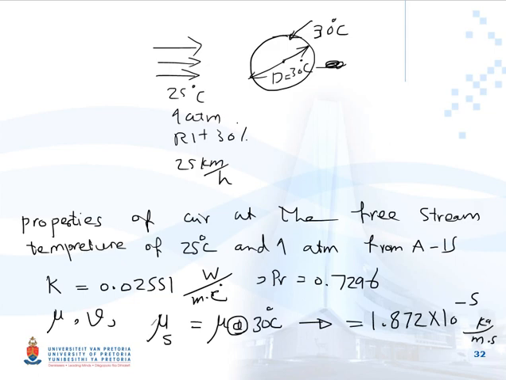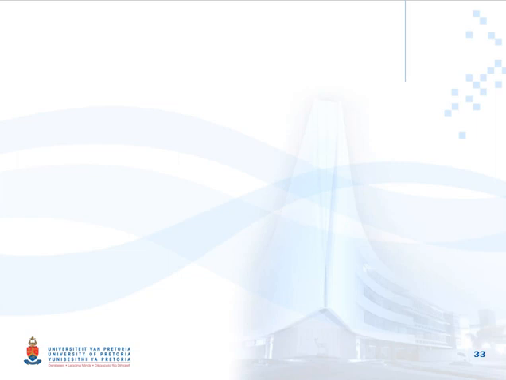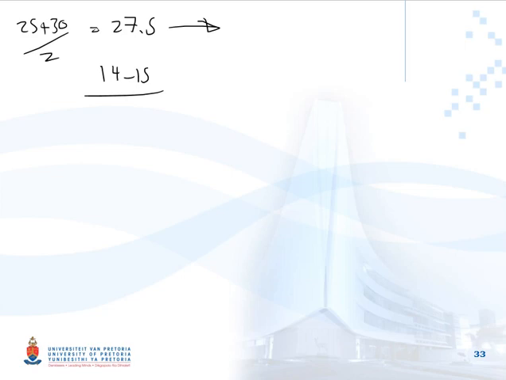We need to calculate that at average temperature. What is average temperature? So we have 25 plus 30 divided by 2, which is 27.5. If we want to use equation 14.15, we also can use table as well.